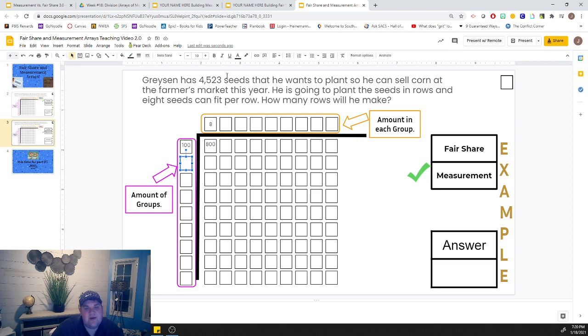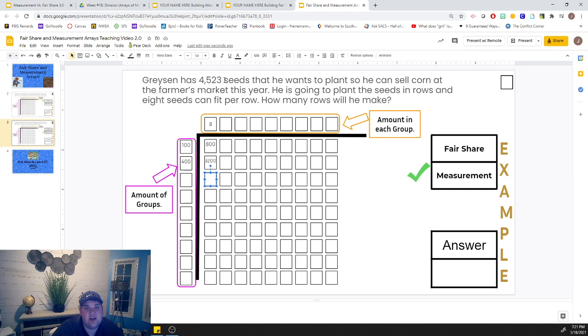So if I put that there are 400 rows, I know 400 rows times 8 seeds is 3,200. So now in my array I have 3,200 plus 800 is 4,000.